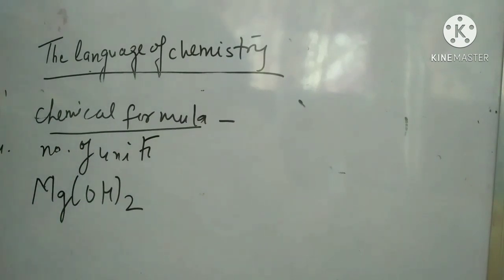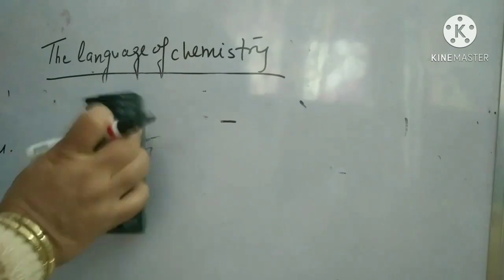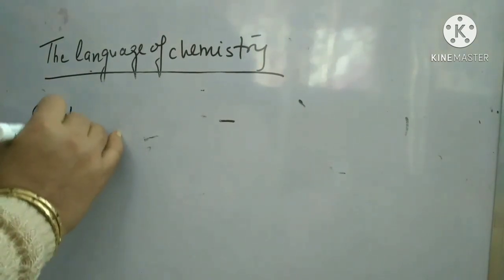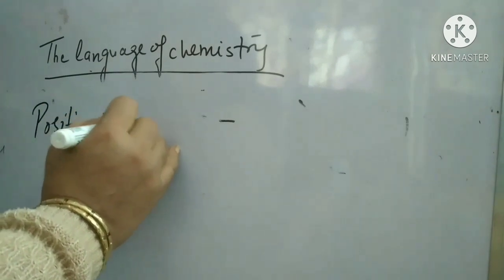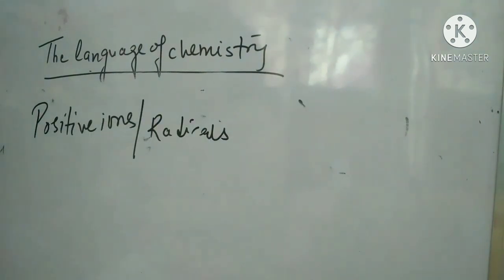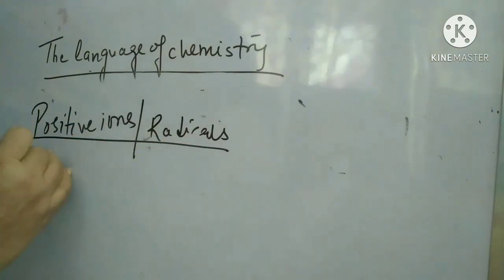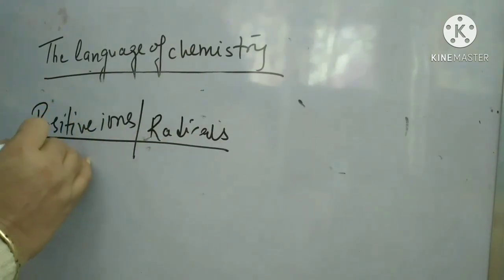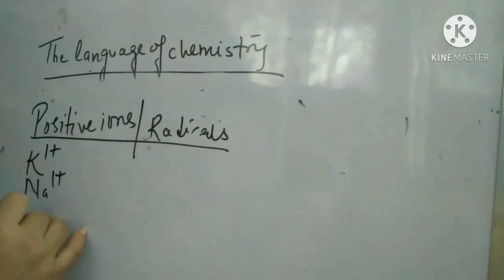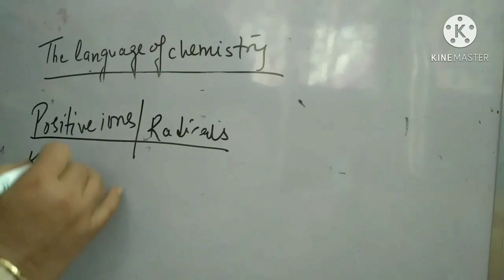So now coming to the valency chart. First of all, positive ions or radicals. Potassium, sodium, lithium, hydrogen, ammonium.